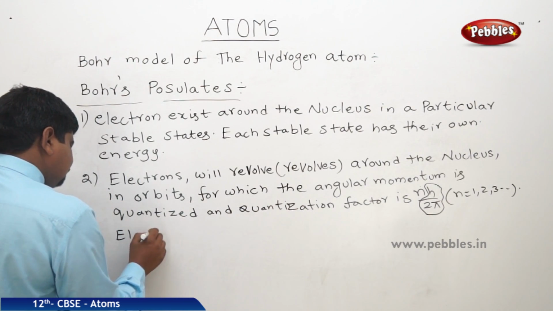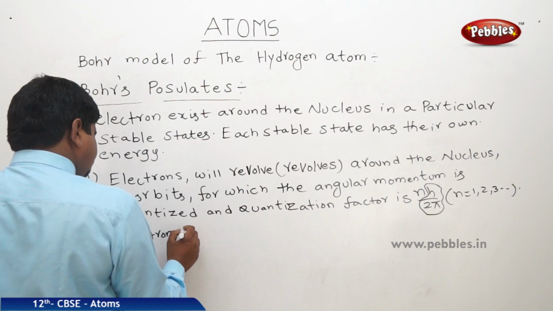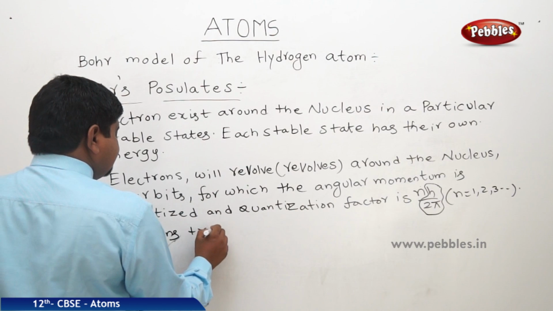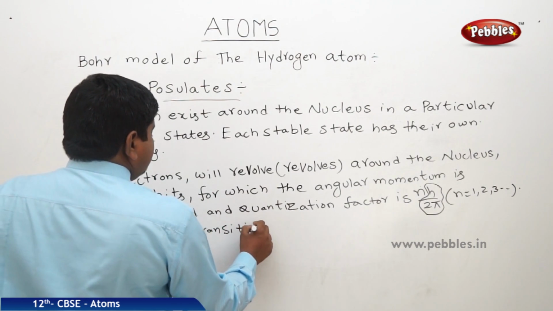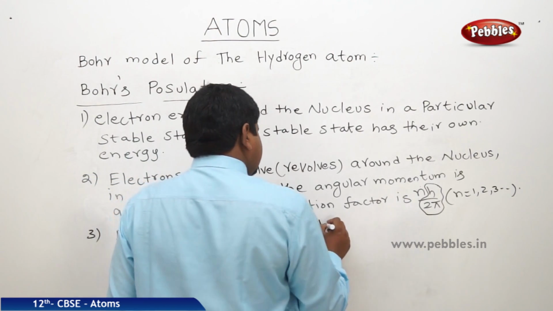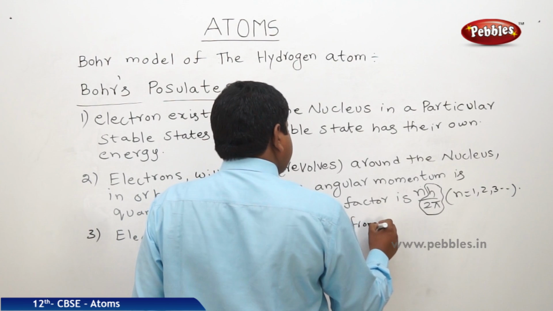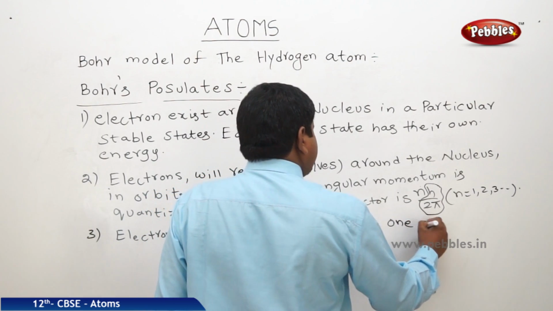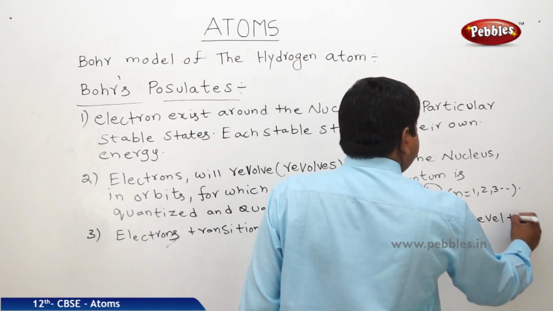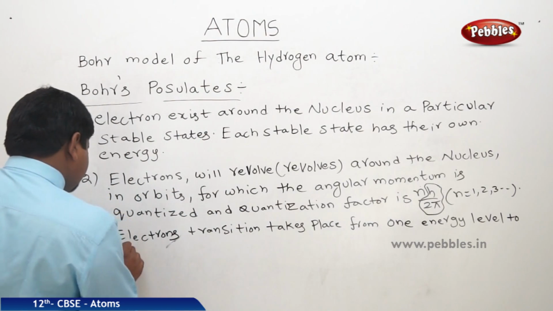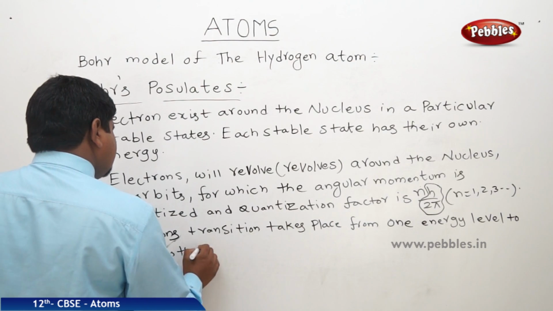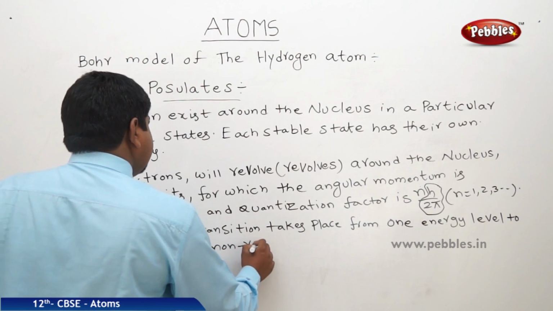Electron transition takes place from one energy level to another non-radiating energy level.